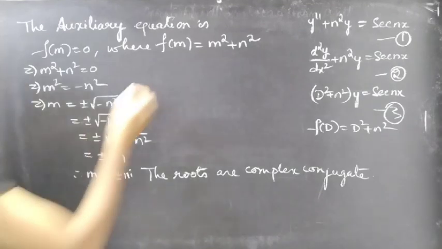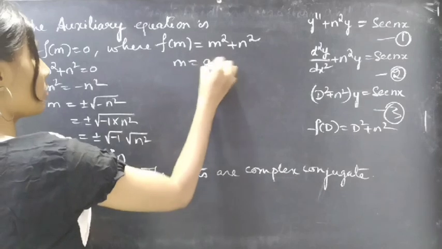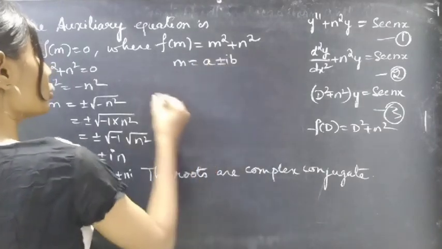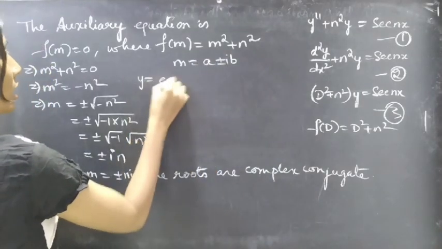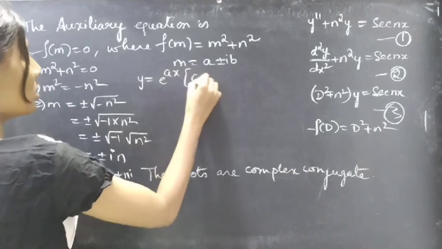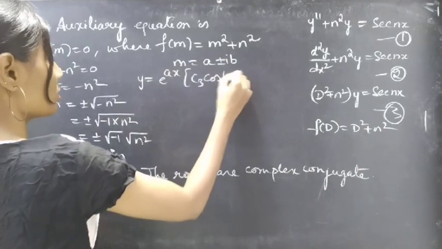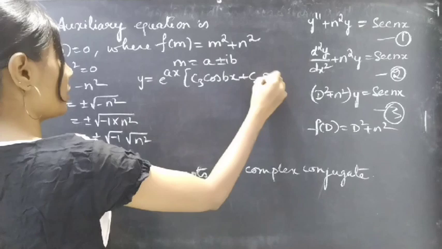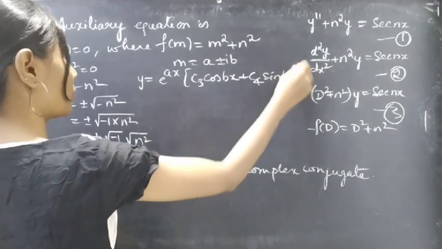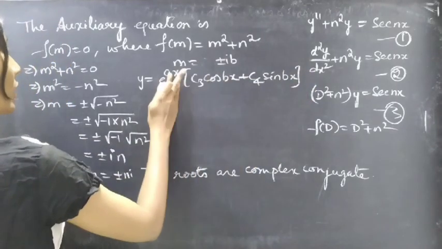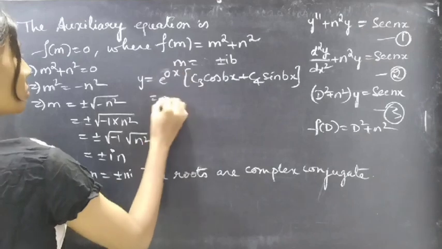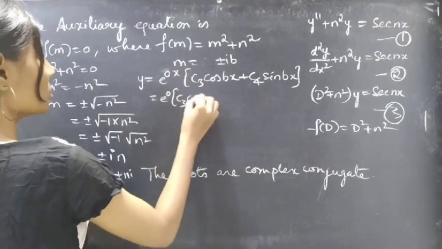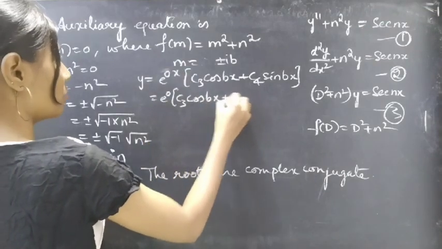When the roots are complex conjugates, say m equal to a plus or minus ib, then the solution to the homogeneous equation looks like e power ax into c3 cos bx plus c4 sin bx, right? In case of a equal to 0, we'll get e power 0 into x, which is e power 0 into c3 cos bx plus c4 sin bx.